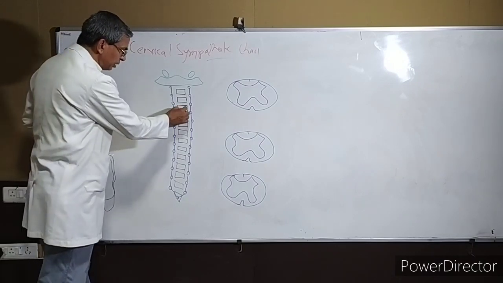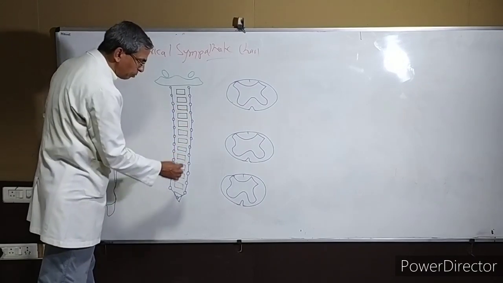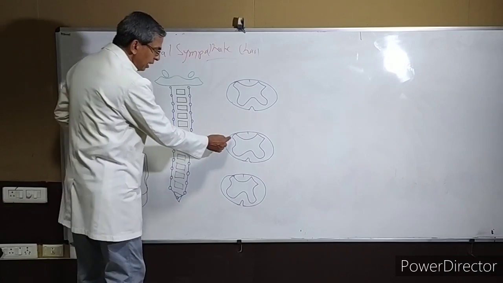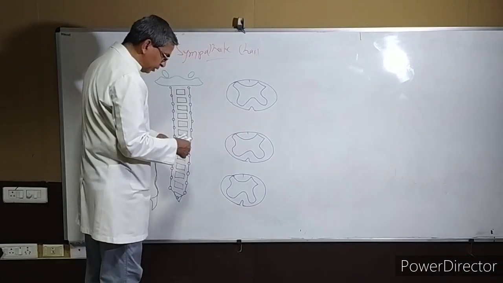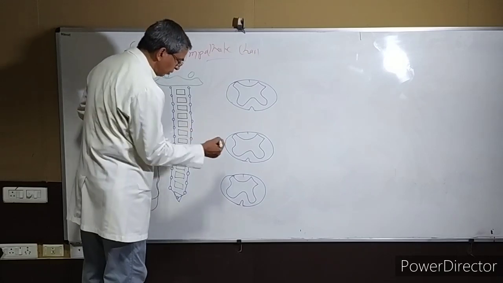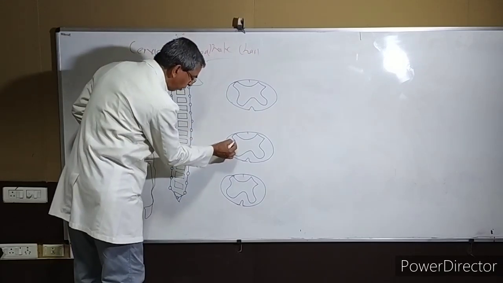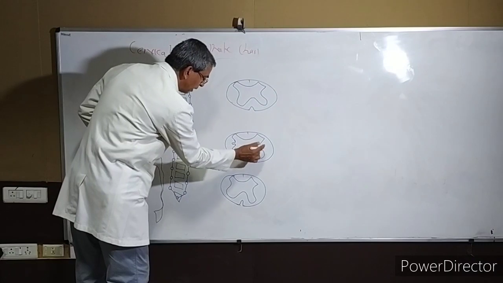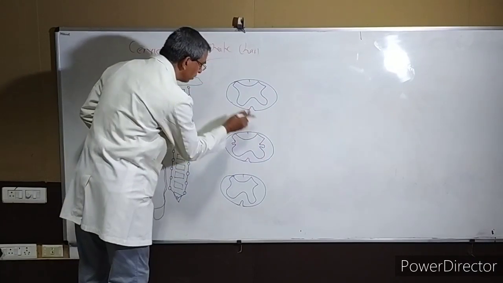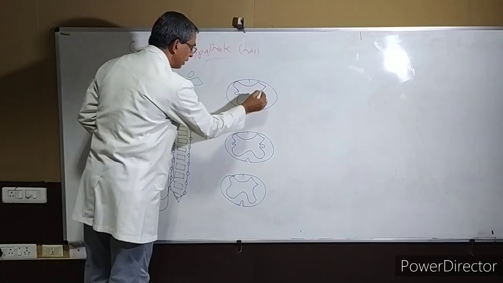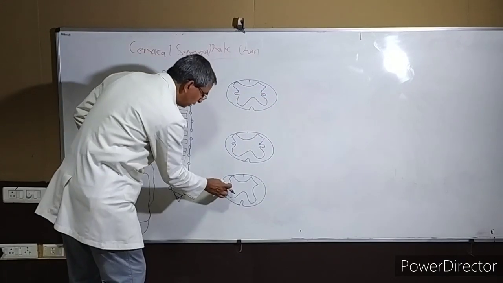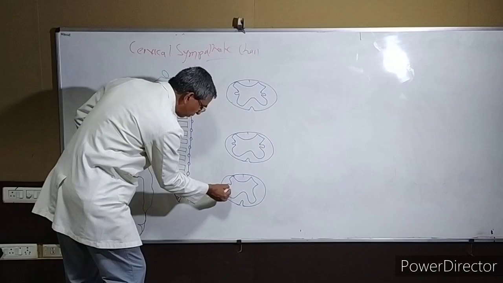In this region, in addition to the anterior horn and posterior horn, there is an extra lateral horn in the thoracolumbar outflow.